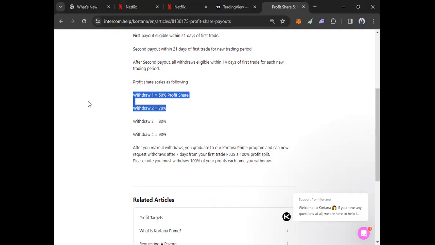Okay. And then after this is 21 days minimum. Then after the second 2 trades, this is 14 days. And then when you graduate to this Kortana Prime program, you are now entitled to become an elite and start withdrawing every 7 days, 100% of the money you made.